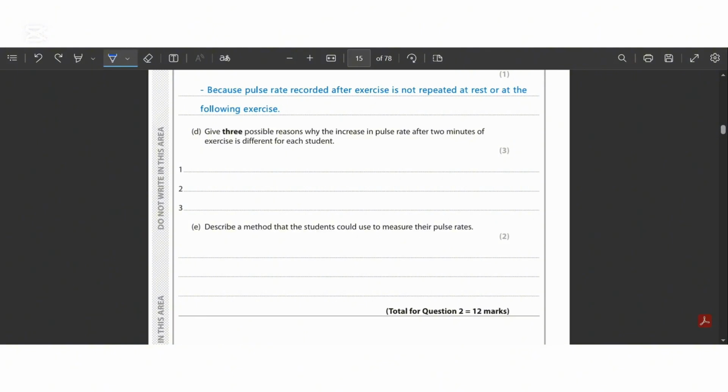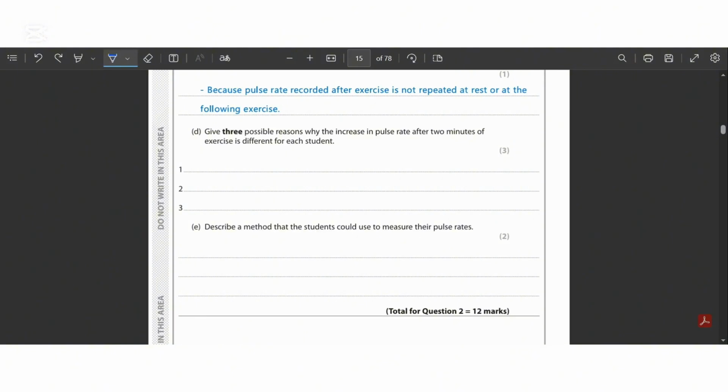But in this experiment they haven't provided us any of these data, starting from the gender and the mass of each student. They have not provided if they are of the same age or even if they are doing the same activity.